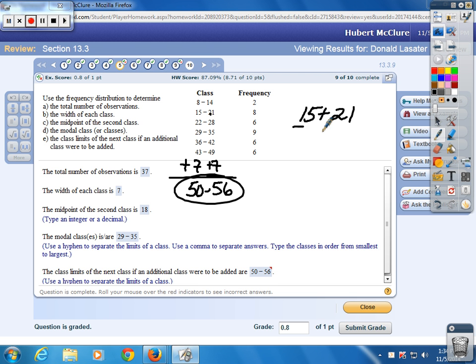I'm sorry. 15 plus 21 is 36, over 2 is 18. So yes, 18 is correct. I'm sorry.